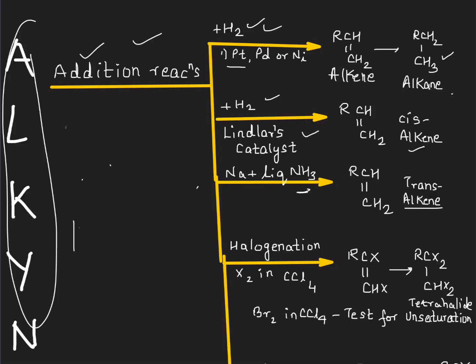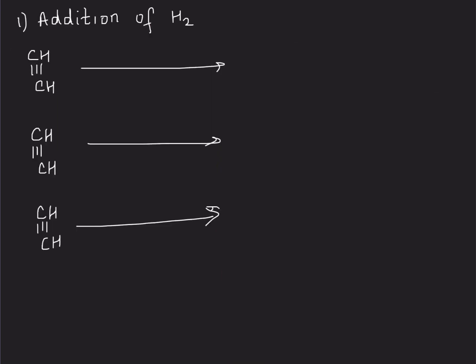So what do you have to do? Now in your notebooks or the paper that you've got, please write the equations for all the three reactions. You are adding hydrogen in the presence of platinum, palladium or nickel. Of course, do you remember when we use high temperature, and when we use room temperature?